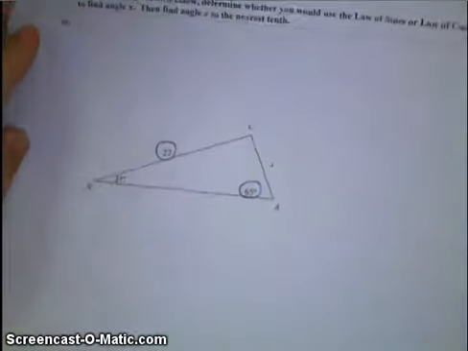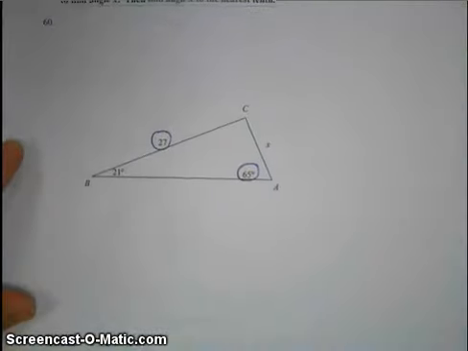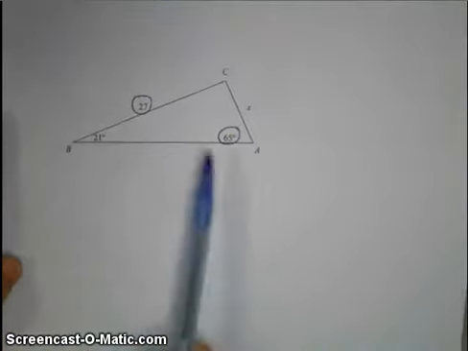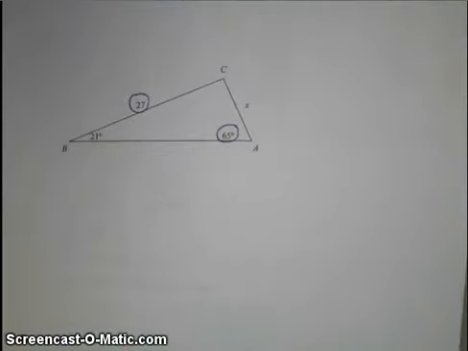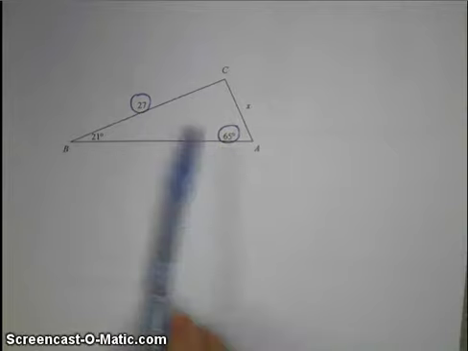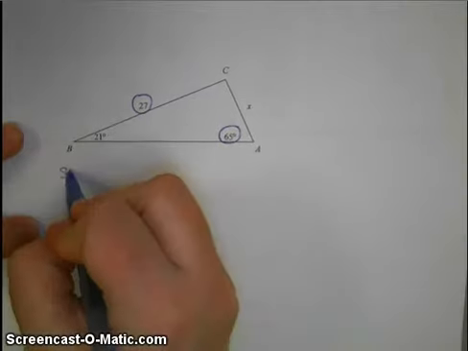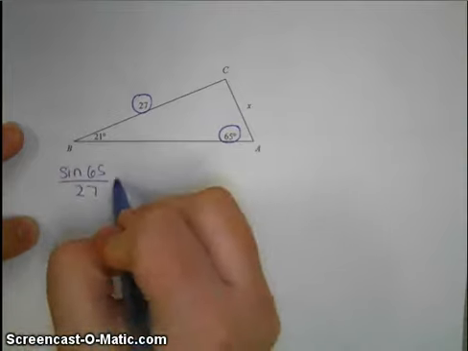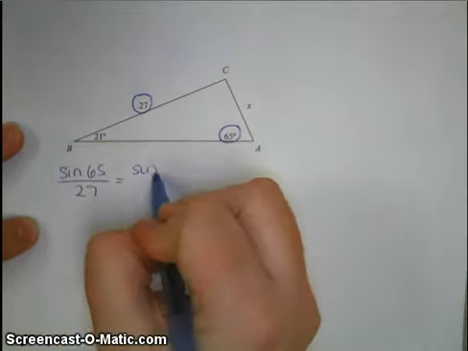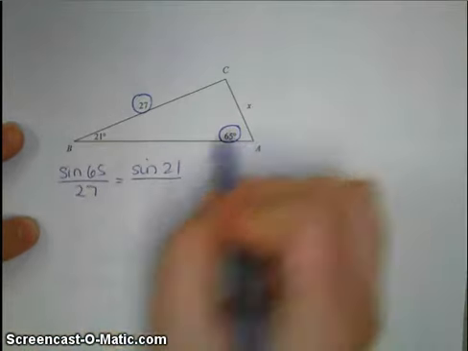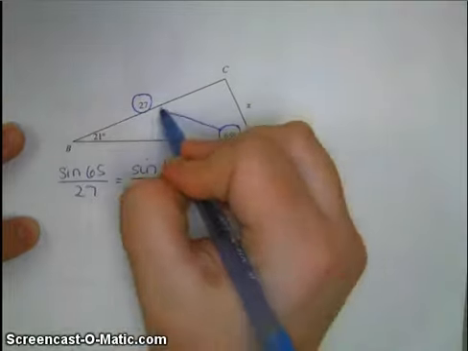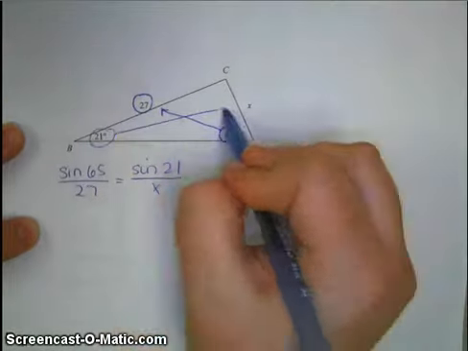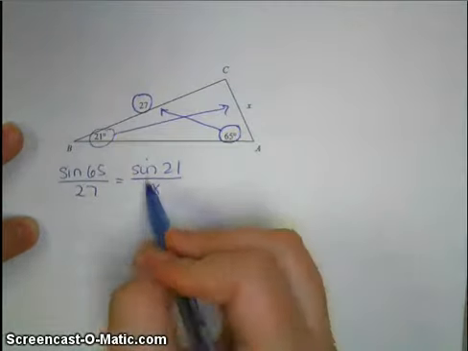Last but not least, the law of sines. So here we have this triangle, and in order to use the law of sines, we need to make sure that we have big A and little a. So that's how I'm going to start the law of sines. The sine of 65 over 27 is equal to the sine of 21 over x. So it's always the measures across, angle and across. So here we'll cross multiply.